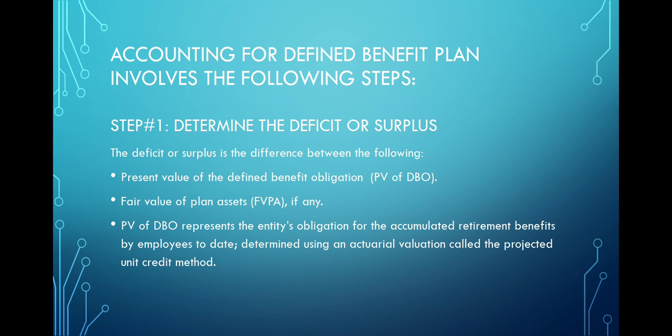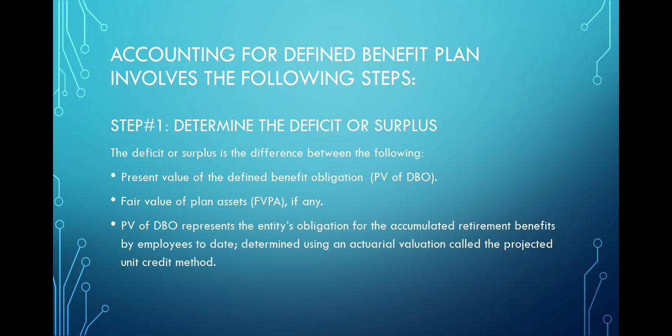So the deficit or surplus is the difference between the following: present value of the defined benefit obligation, or PV of DBO, and fair value of plan assets, or FVPA.